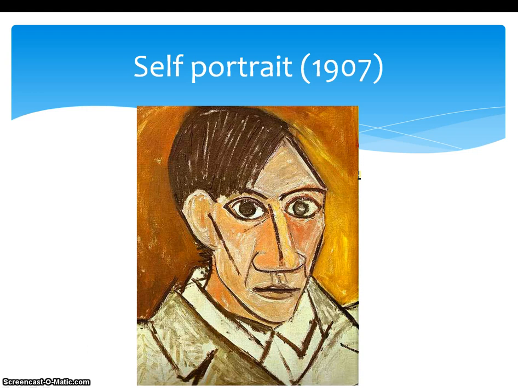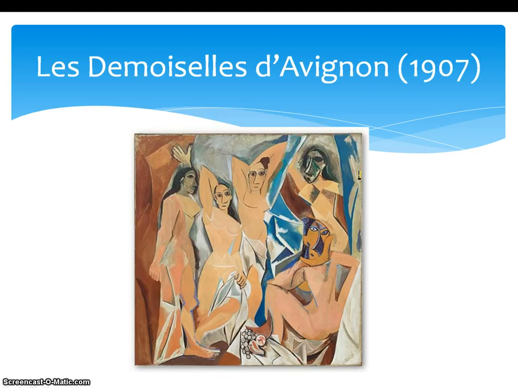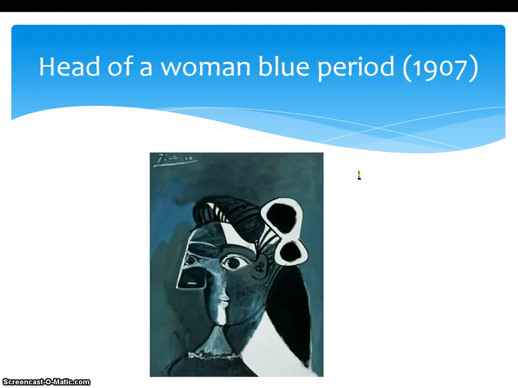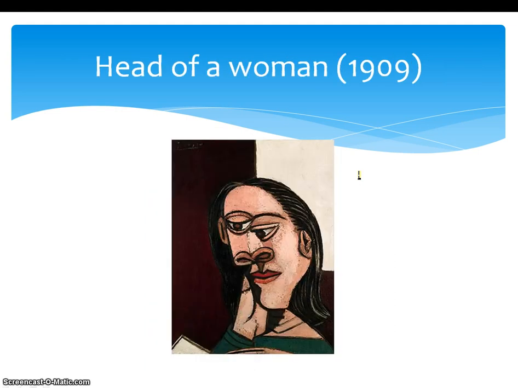This is said to have been because he met a woman and he fell in love and he was inspired. So you can see the cubism, with more geometric shapes, in his paintings.